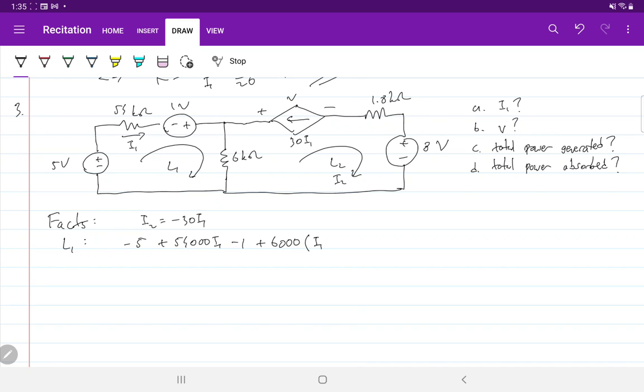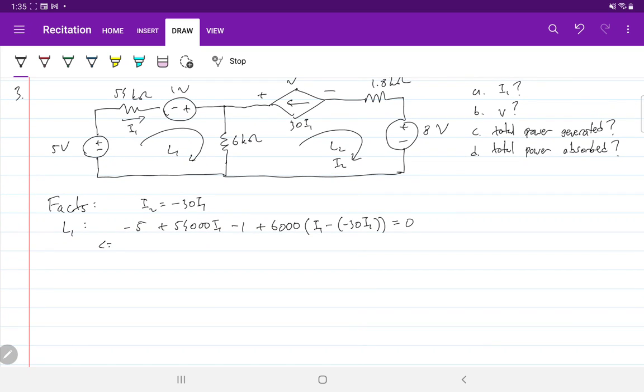The current there is I1 minus I2, but I2 is minus 30 I1, so you can substitute I2 with minus 30 I1, equals 0. We can simplify this: minus 5 minus 1 minus 6, plus 54,000 I1, plus, this is minus minus so we have plus, 31 I1, so 6,000 times 31 I1 equals 0.